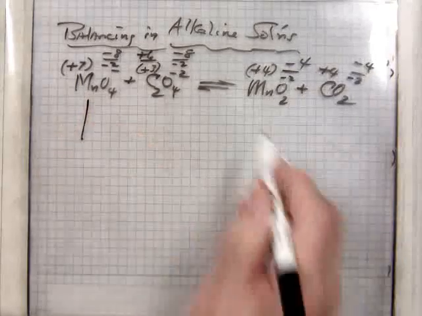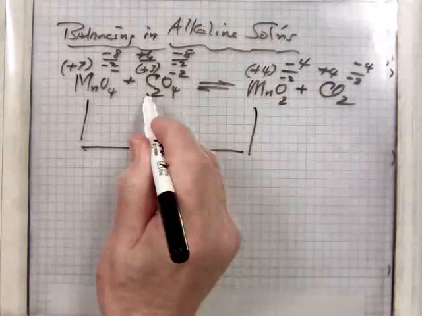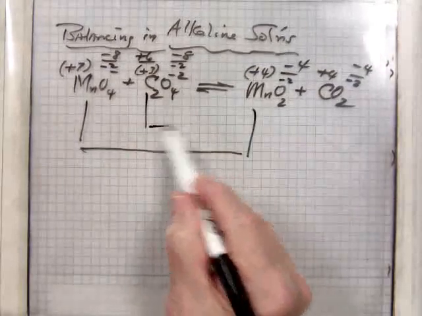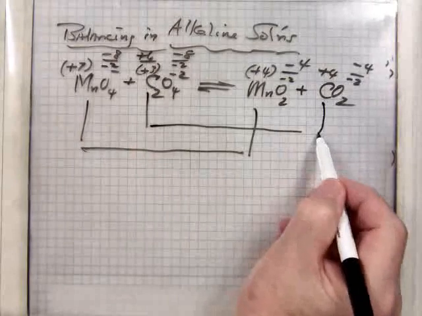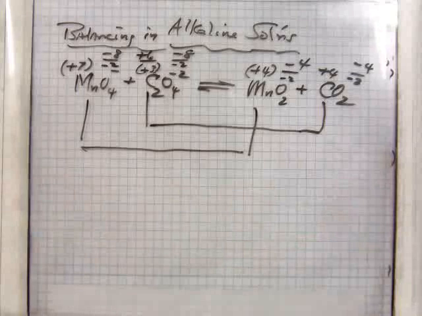Then we pick out the changes and just follow the same rules that we would follow for acids. Again, you don't really see a wrinkle in the procedure till you get to the oxygen-hydrogen balances toward the end.